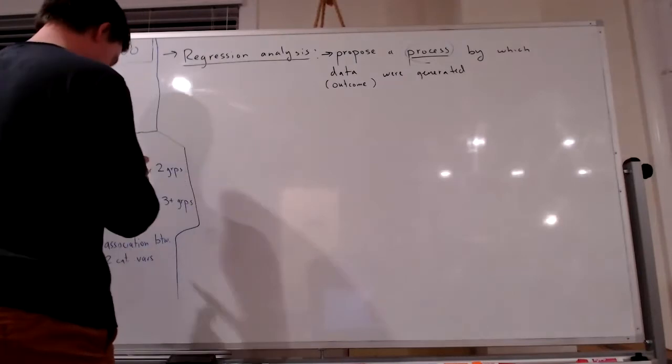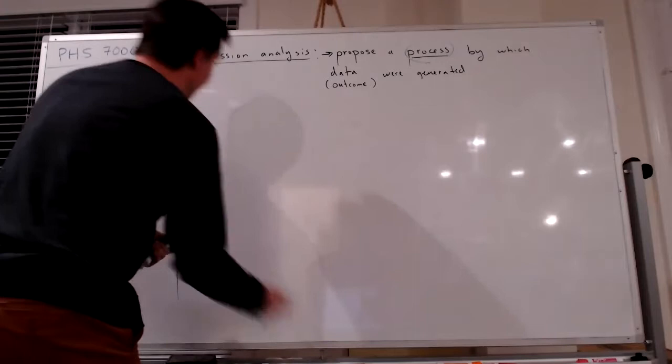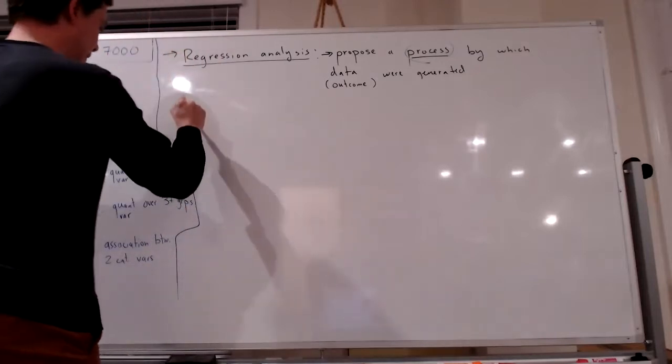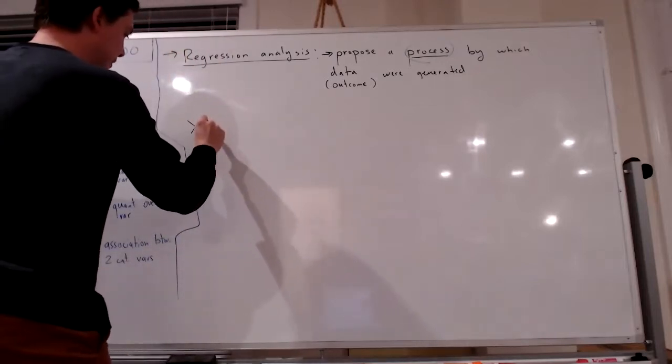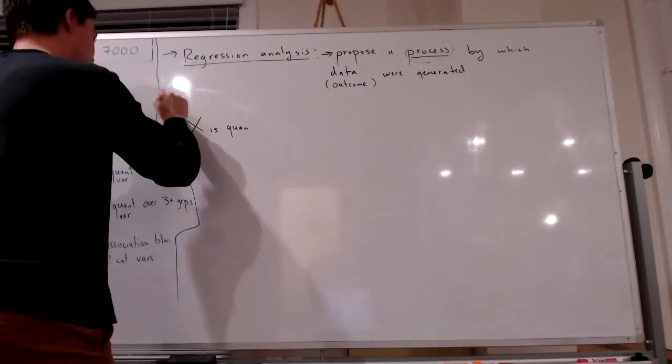So, trying to keep my color coordination going. X is quantitative, that's my explanatory variable.